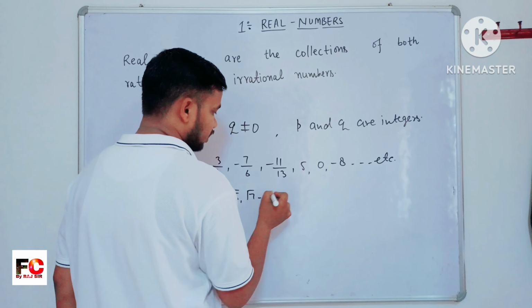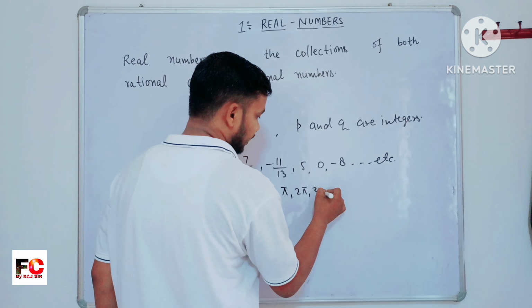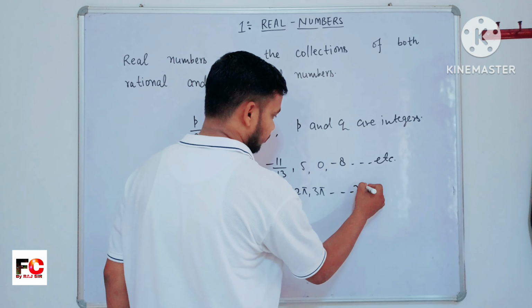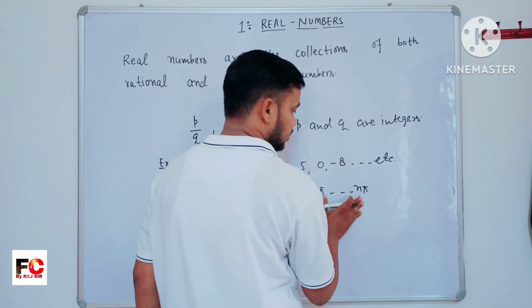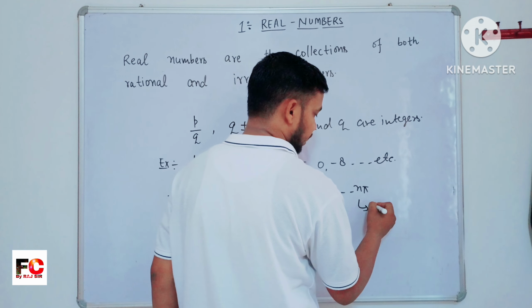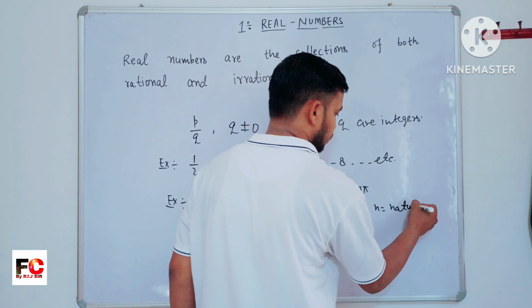The next examples are pi, 2 pi, 3 pi, and so on, and n pi, where n is a natural number.